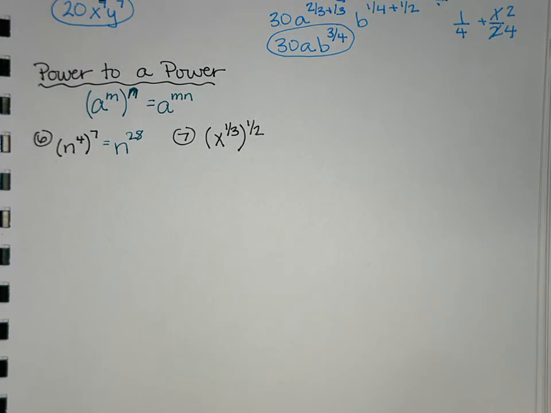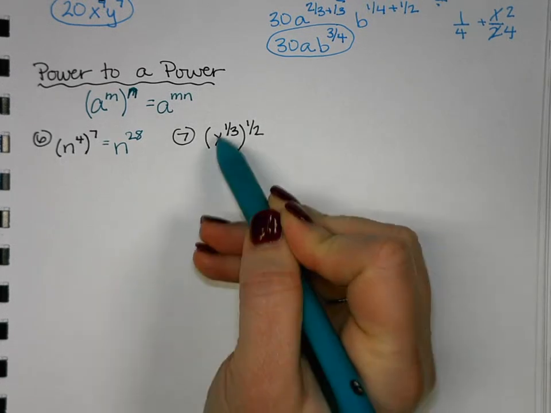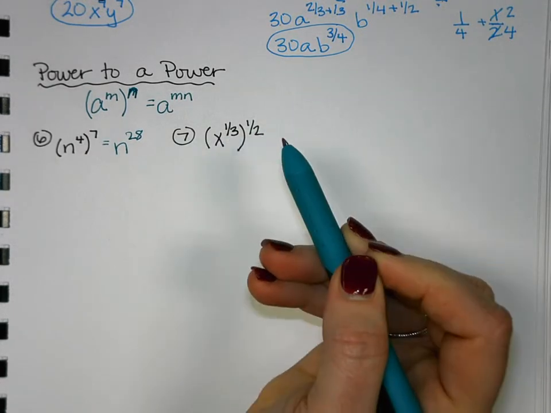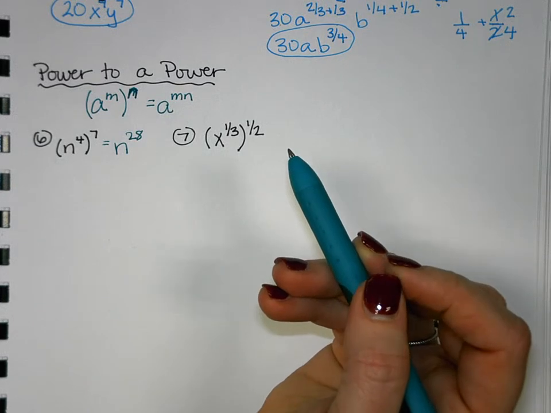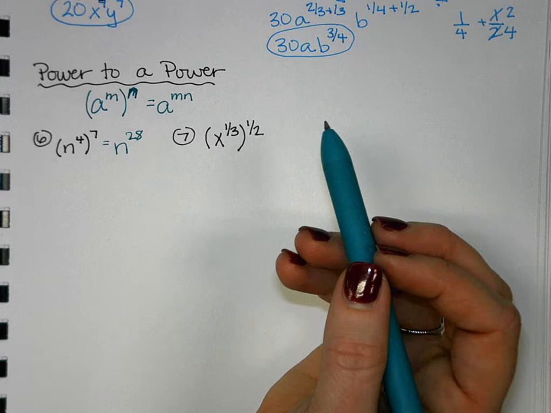So on number 7 here, what is that going to be? We have a power to a power. So how do we combine those?